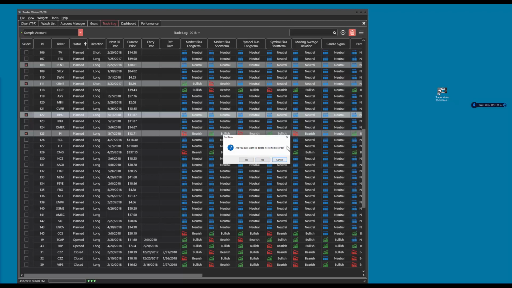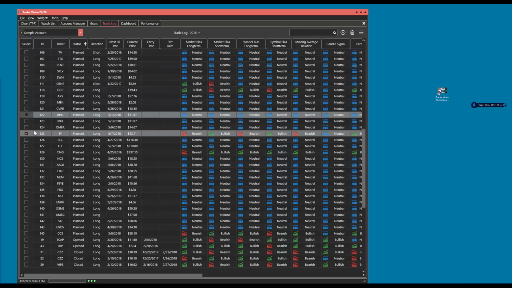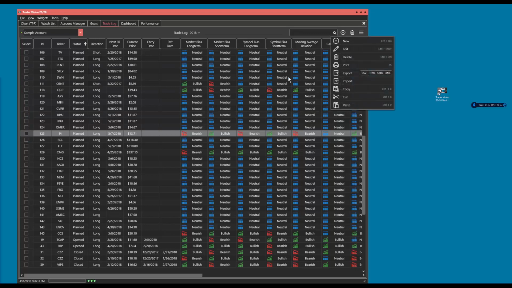Again, you can. You also have these 3 horizontal lines. I'm not sure what this icon is called, but essentially it is a menu tool, and you click that and you have largely the same options.